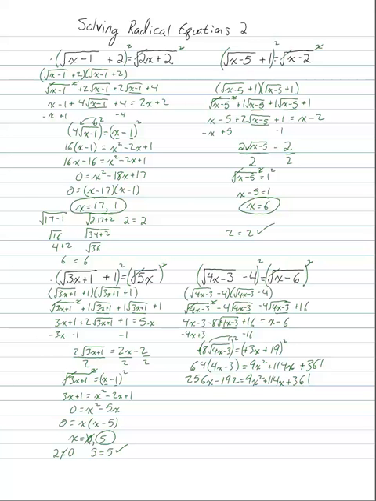So I'll get 0 equals 9x squared, 114 minus 256 is going to give me negative 142x, and then 361 plus 192 is going to give me 553. Now I got to see if I can factor this.